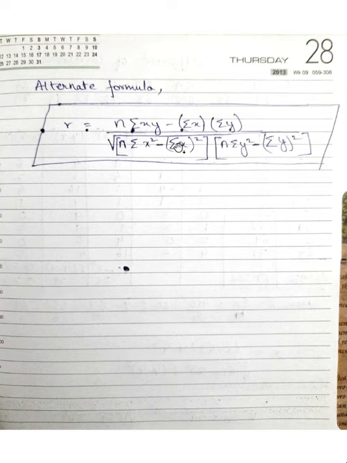But for summation x whole square, we just first add up all the x without finding x square, and then find the square of it. So these two terms are different. Summation x square is the addition of all the x squared values, and summation x whole square is the square of the sum of all the x.